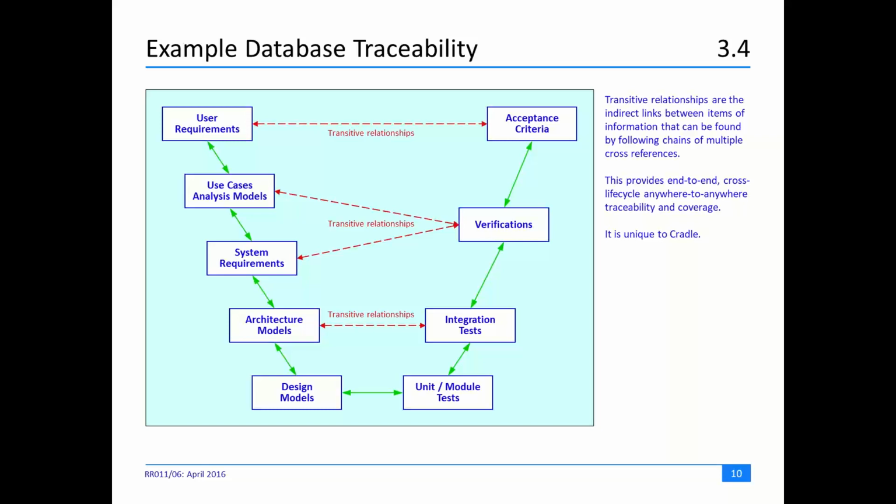The cross-reference is represented by those 8 green arrows. There are some indirect relationships between the user requirements and the acceptance criteria. Cradle is uniquely able to show you those, or let me say that differently, only Cradle can follow those chains of multiple links to reveal those indirect relationships to you.